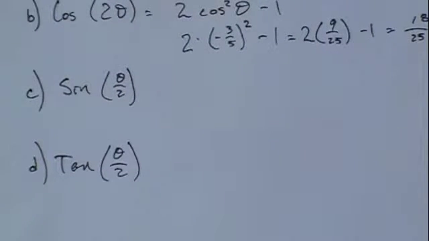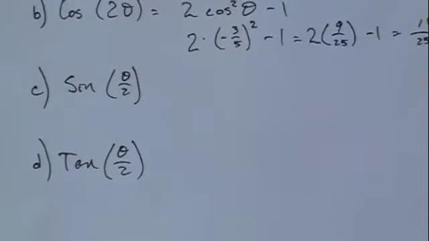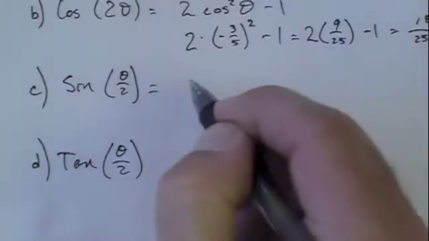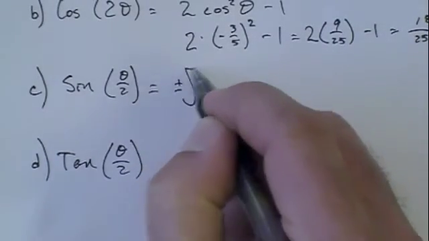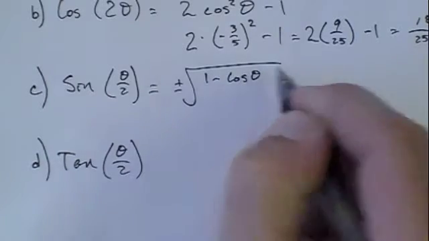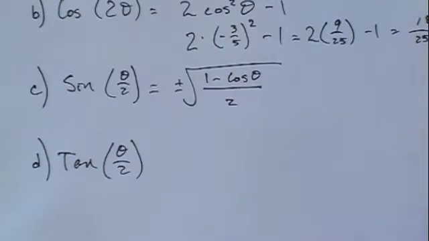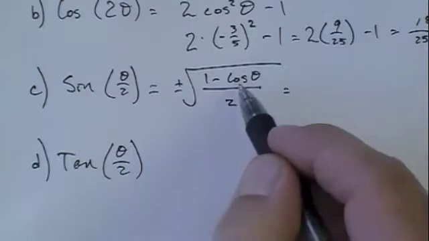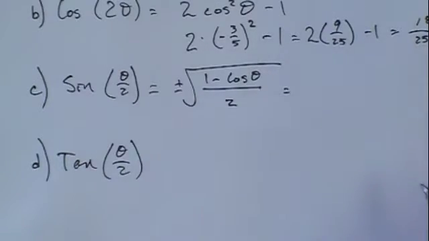Now it's sine, and we're looking at a half angle here. So let's see, we have plus or minus the square root of 1 minus the cosine of theta all over 2. So the cosine of theta, again, negative 3/5.